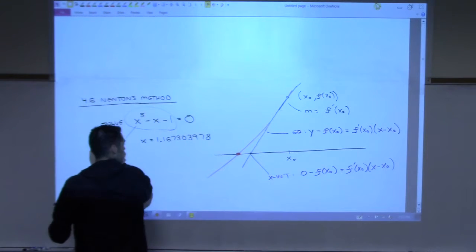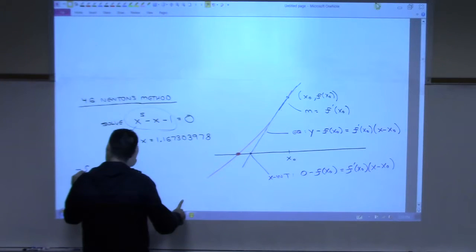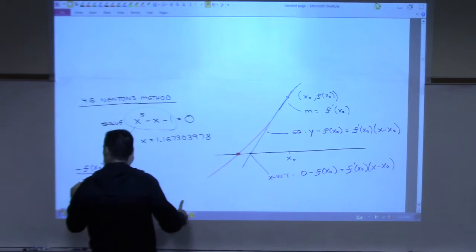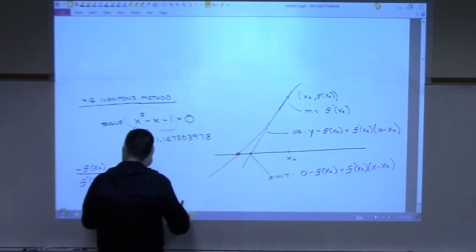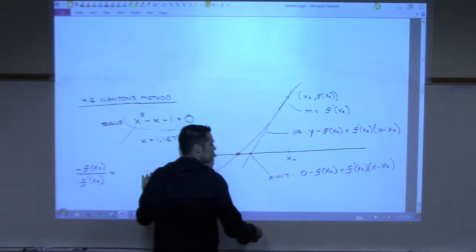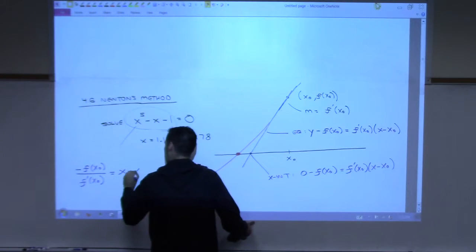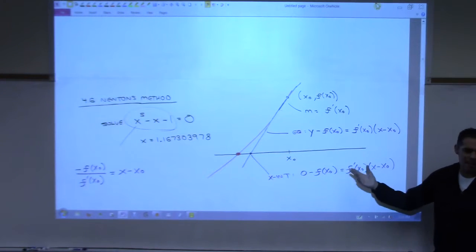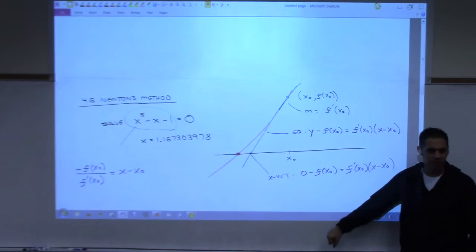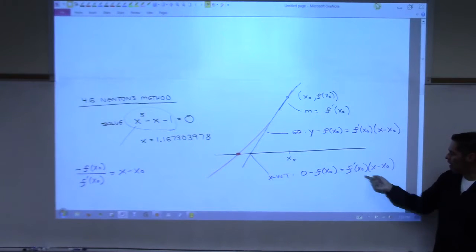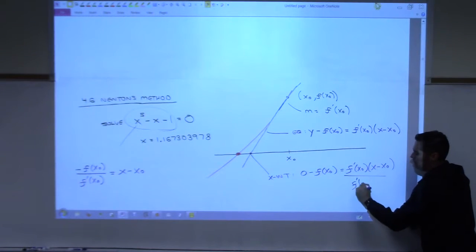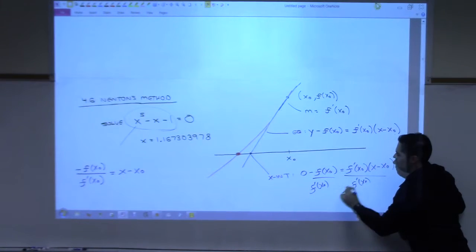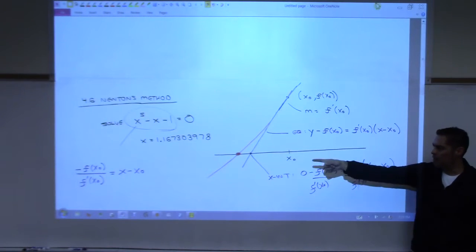And I get negative f of x naught over f prime of x naught equals x minus x naught. Did y'all see what I did there? Just divide this. It's not there, right? Zero's gone. Who cares? So divide this. It's gone here. And over there we got that, right?